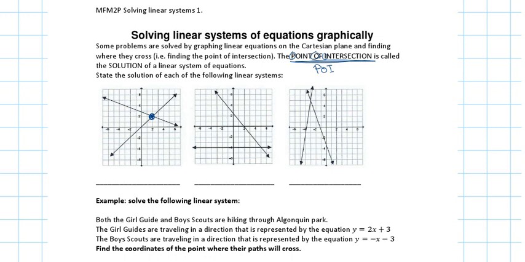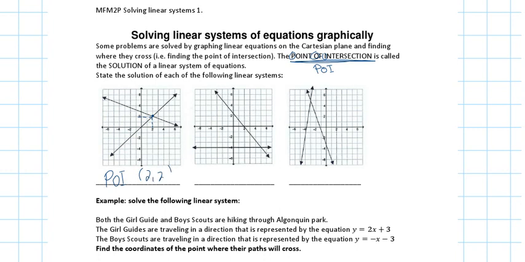Okay? So let's look at these examples. In this example, I already have the lines, so they're already graphed for me. If I'm looking for the point of intersection, it's right here. What would that point be? 2, 2, right? So the POI is (2, 2).